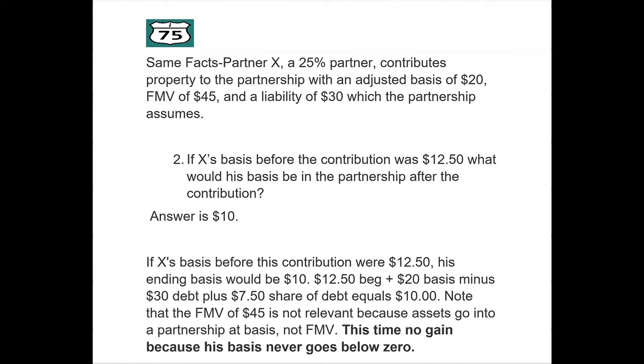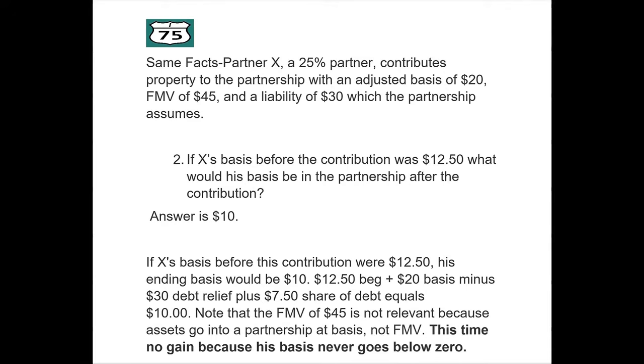Notice that this time there's no gain for X because his basis never goes below 0. Even when we subtract the $30 of debt relief, his basis is at $32.50 before that. So his basis before we add the $7.50 share of the debt is a positive $2.50. So that brings him to $10 basis and no gain.